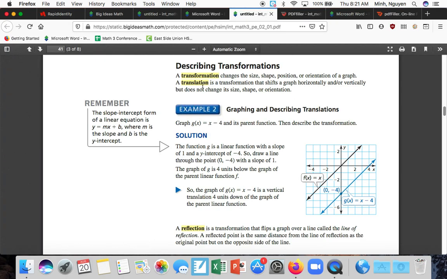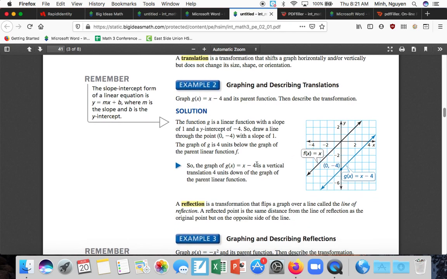A translation is a transformation that shifts a graph horizontally, right? I would still say horizontally, and I would encourage you to, but if you literally forget what that means, I would just say side to side, or vertically, so up and down, but it does not change its size, shape, or orientation. So it looks exactly the same, but it either moves left and right or up and down.